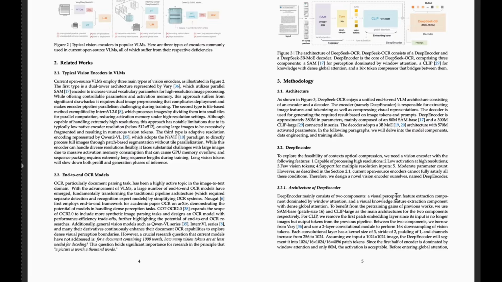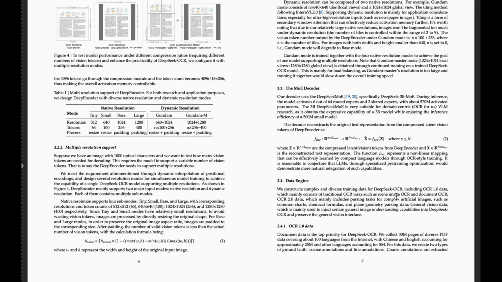So now what exactly they have done is in the next section, if we see over here, this data, right? So they are talking about the data engine. So they have trained on OCR 1.0 data, which is around 70% of training, wherein it constitutes around 30 million PDF pages in approximately 100 languages and 25 million Chinese and English PDFs, which are around 5 million other languages.